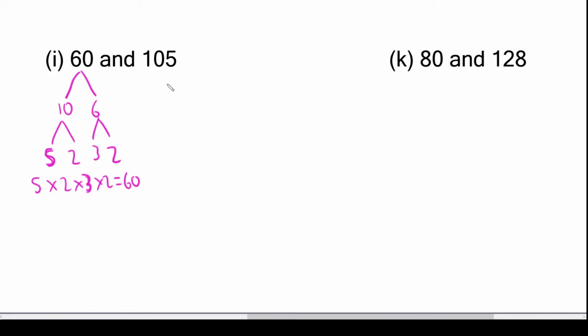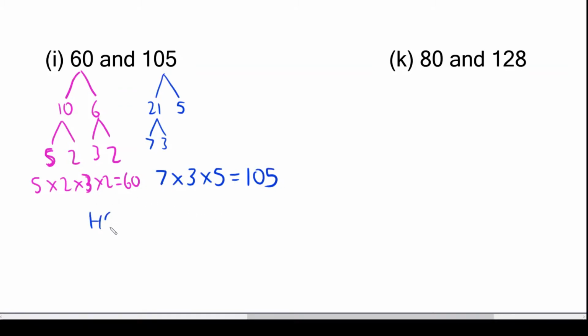And 105. Now this one's a bit tricky. 105 divided by 5 is 21. So 21 times 5 is 105. And then 21 divided by 7 gives 3. So 7 3s are 21. So we've got 7 times 3 times 5 equals 105.